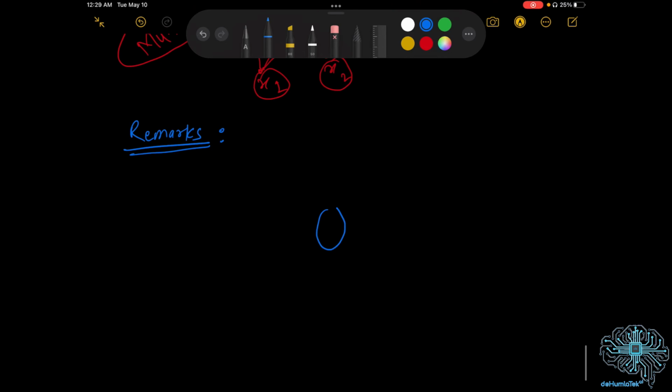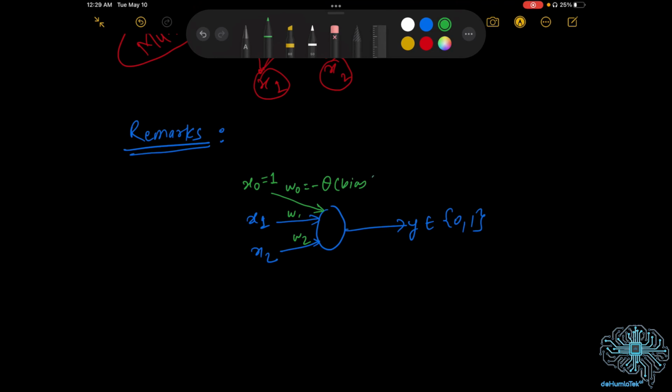If this is a neuron, with inputs x1, x2, and y is a Boolean variable for the perceptron, this one is x naught, and there is w naught, and these are w1, w2. Earlier I mentioned w naught as minus theta and x naught as 1. So this one is the bias for this neuron.